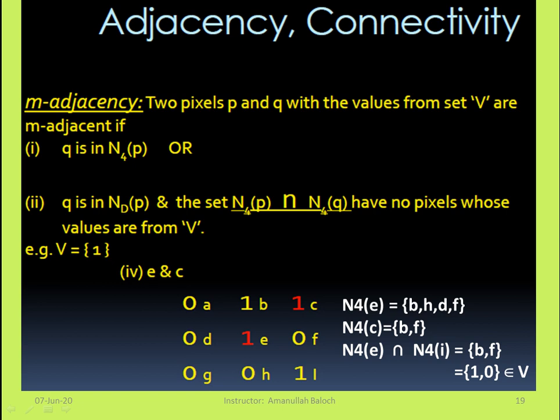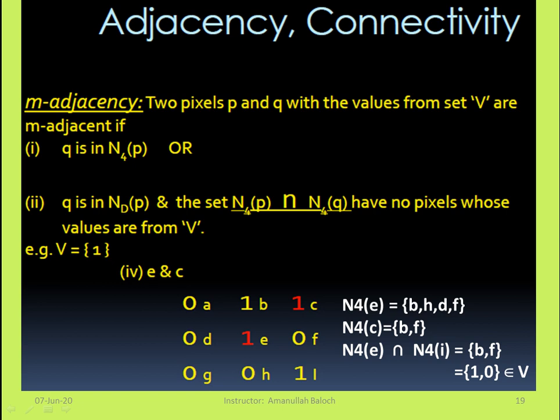Here the value 1 belongs to set V, because set V also has a gray level value 1, and this set also contains a gray level value 1. So some value from this set belongs to V.